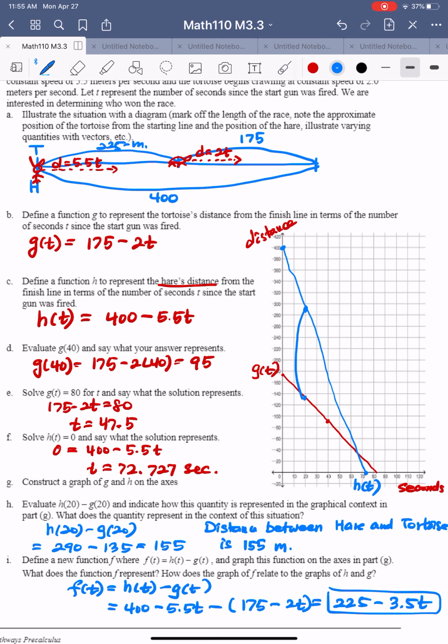Okay, so when you draw this in black maybe, it starts from 225, and then it takes us 64.4. So it's about here. When you connect it, it comes down here. So this becomes the f of t function.